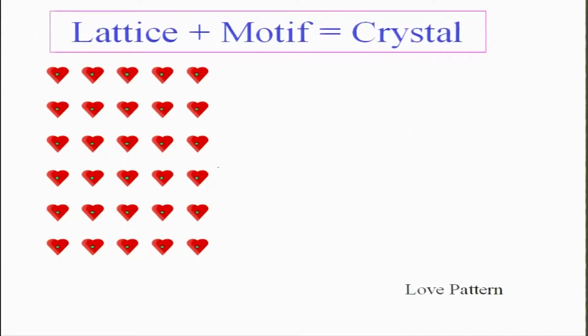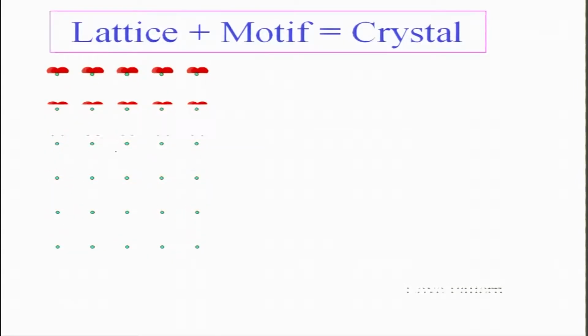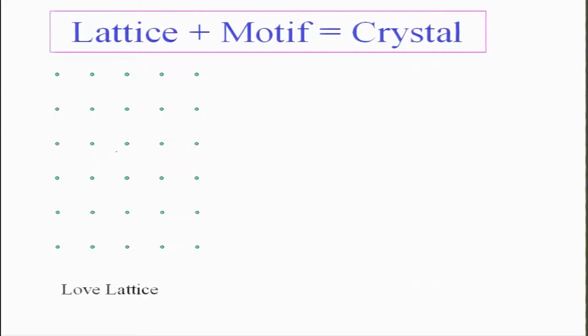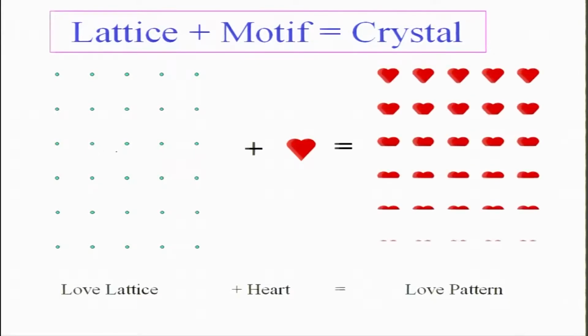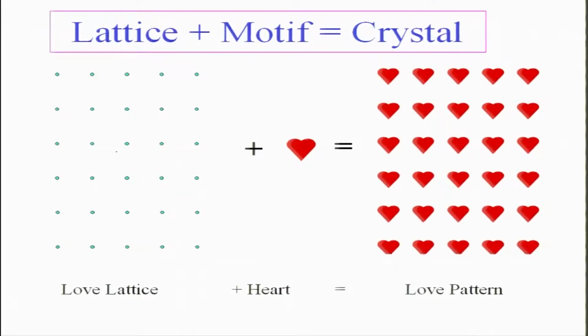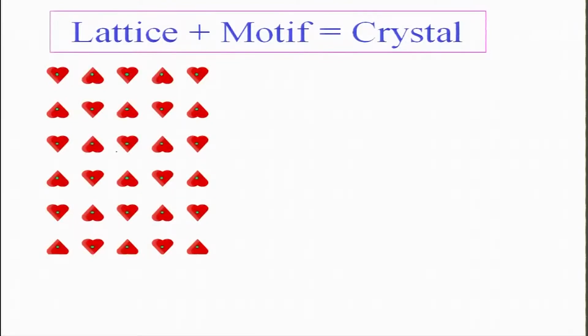Okay. Now, this periodic arrangement of hearts, he used to call it a love pattern, and so this is like a lattice. If you replace each of the points by a heart, it becomes a love pattern, something like that. You can have a monkey pattern, you can have a dog pattern, provided all the dogs or monkeys are arranged in such a fashion that you make a periodic one.